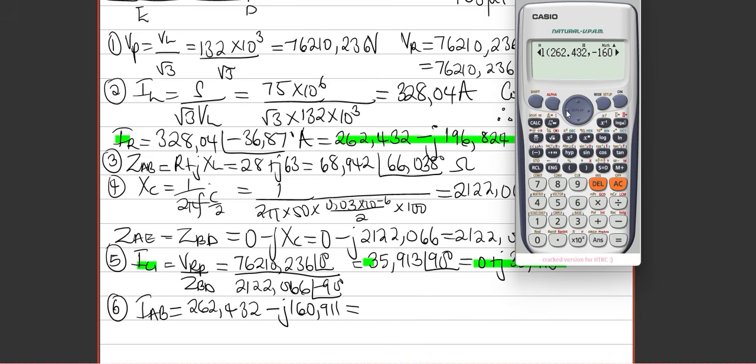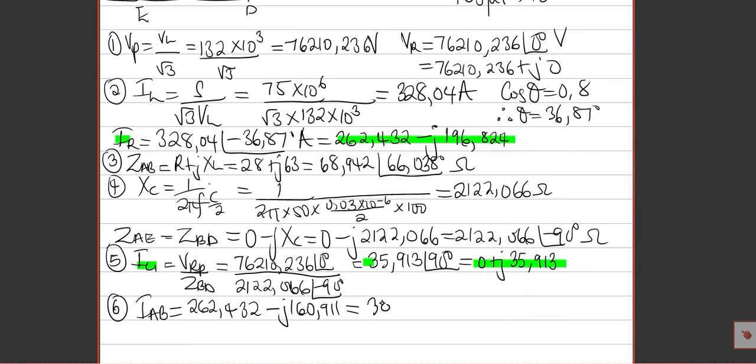Converting 262,432 minus j160,911, we are getting 307,835 at the angle of minus 31.515 amps.